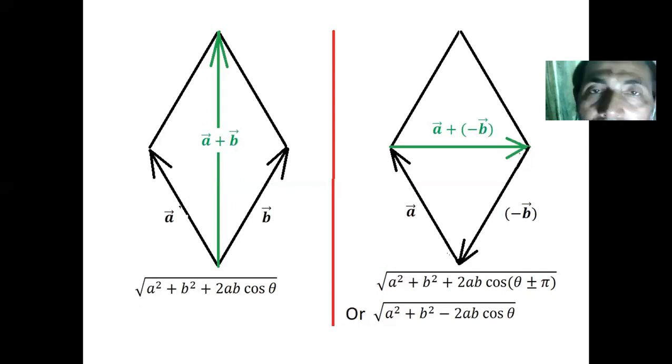Number one, either you change the polarity, the symbol of vector B, or without changing the polarity of vector B, you increase the angle through 180 degrees. Both of them are going to give the same result. And the result is, of course, the square root of A square plus B square minus 2AB cos theta. All these things I will again explain by taking different figures. Please be with me.